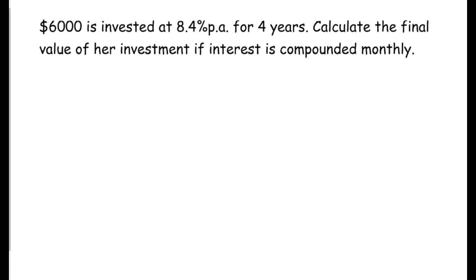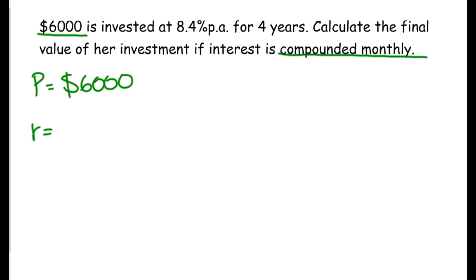Okay, we'll have a go at another question. If you want to, you can always pause now, have a go, and then watch me do it in a minute. So, $6,000, that's my principal. I don't even need to read the question, I can just say that straight away. So, $6,000 is invested at 8.4% per annum for 4 years. Calculate the final amount of her investment if interest is compounded monthly. That, for me, is the key piece of information.